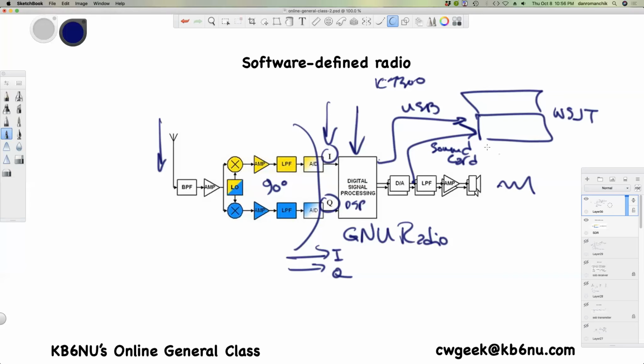Right. So when I had the IC 746 Pro, I did the sound card thing. When I got the IC 7300, I went with the USB port. Very interesting. Yeah, it's fascinating stuff. It's really fascinating stuff.